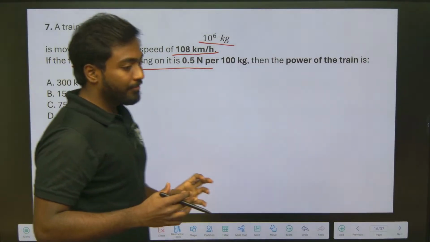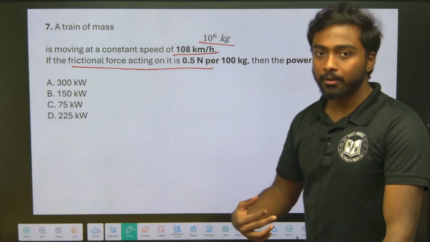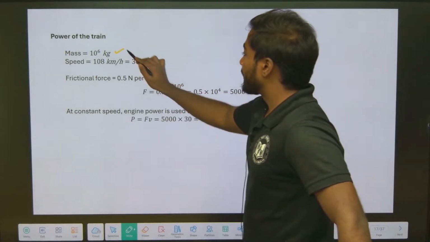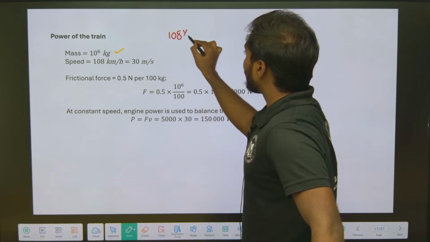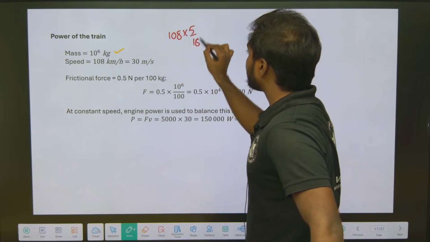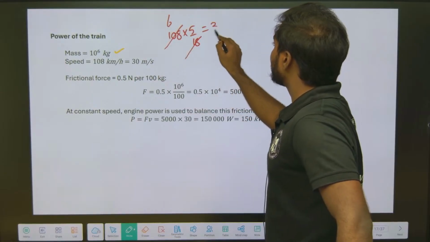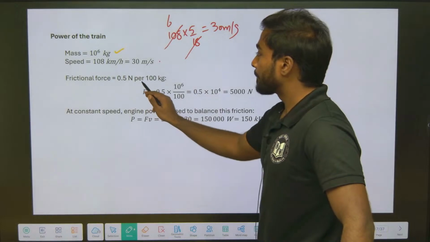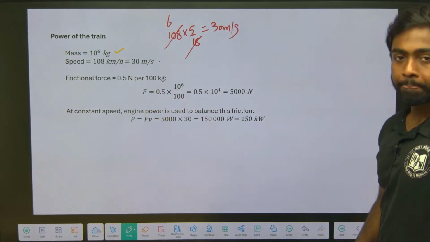Mass is given, and speed is 108 km per hour, which we need to convert into meter per second: 108 into 5 by 18, which is 30 meter per second. The frictional force is 0.5 Newton per 100 kg.